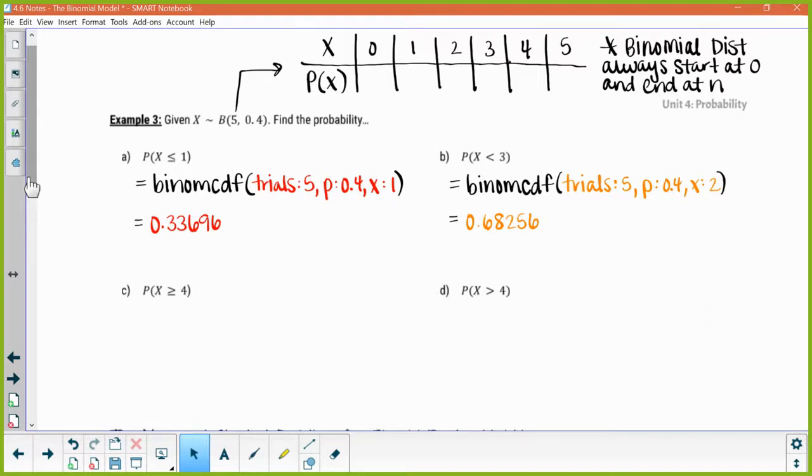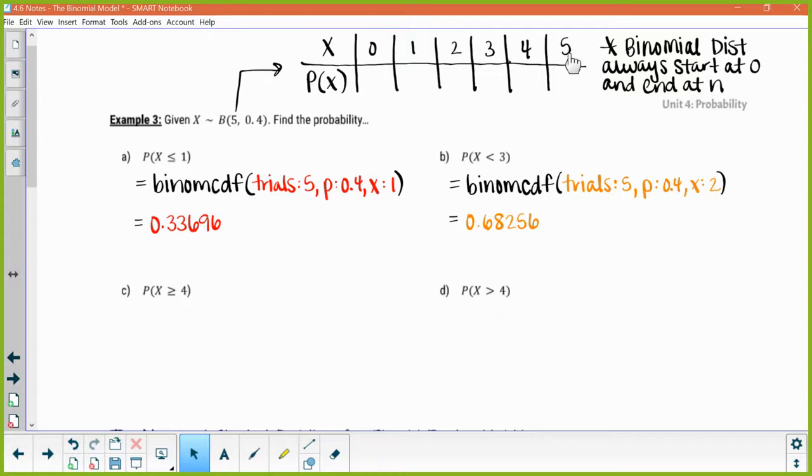For C and D, we have to be a little bit careful because notice we're saying x is greater than or equal to 4. So that would be 4 and 5. But I can't do greater than in my calculator. So I need to do 1 minus the probability of x is less than or equal to 3.